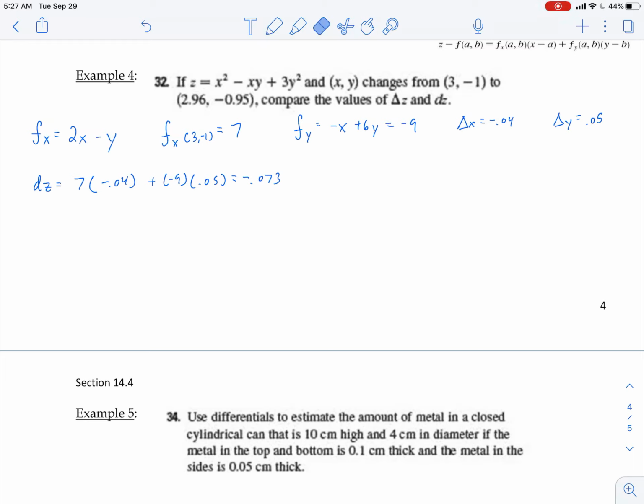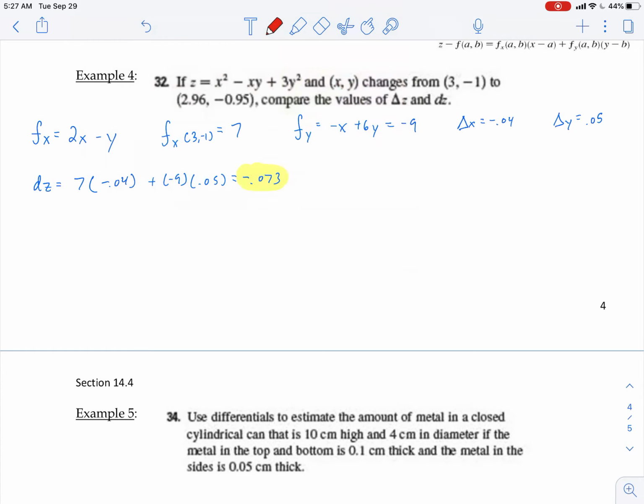And when I do the math there, we're going to get -0.073. So that's going to be my dz, my total differential.